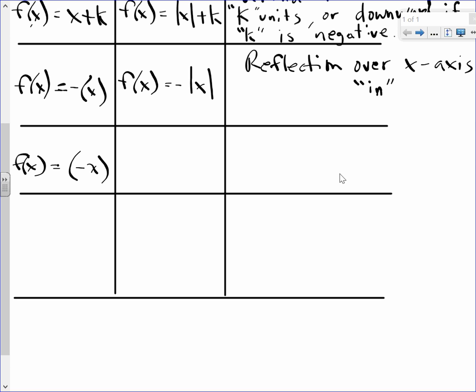Notice the negative was once outside, now it's inside. Let's do the same with the absolute value parent. Look at negative x inside that absolute value. It makes a difference. You'll see the difference right now. Let me do it. Watch.